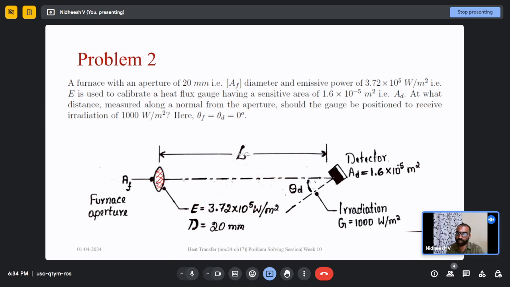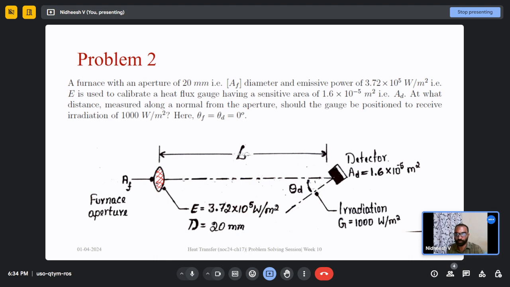Previously we were given intensity with units of watts per meter square steradians. Now the emissive power of the surface is given in units of watts per meter square, 3.72 into 10 power 5 watts per meter square.